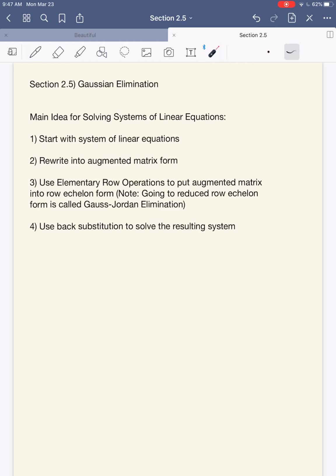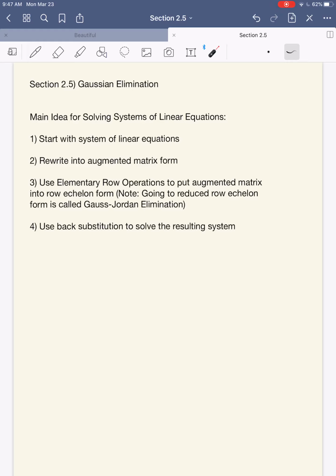Gaussian elimination is basically a way of using what we discussed in the previous videos about taking systems and rewriting them as augmented matrices, and also about how to reduce a matrix into row echelon form. So, the main idea for solving a system of linear equations using Gaussian elimination is, you first start with a system of linear equations.